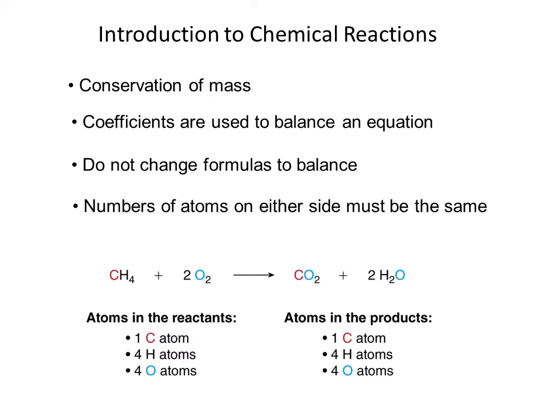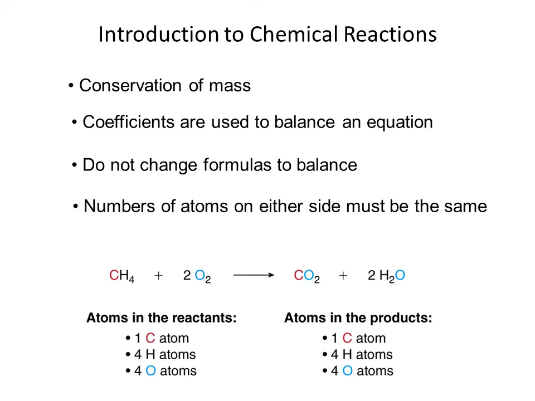When you mass balance, you just need to make sure that the number of atoms on the reactant side is the same as the number of atoms of that element on the product side. And we only do that by changing the coefficients. As you can see, in this reaction, we have a coefficient of 2 in front of the oxygen, so that we have 4 oxygens on the reactant side.